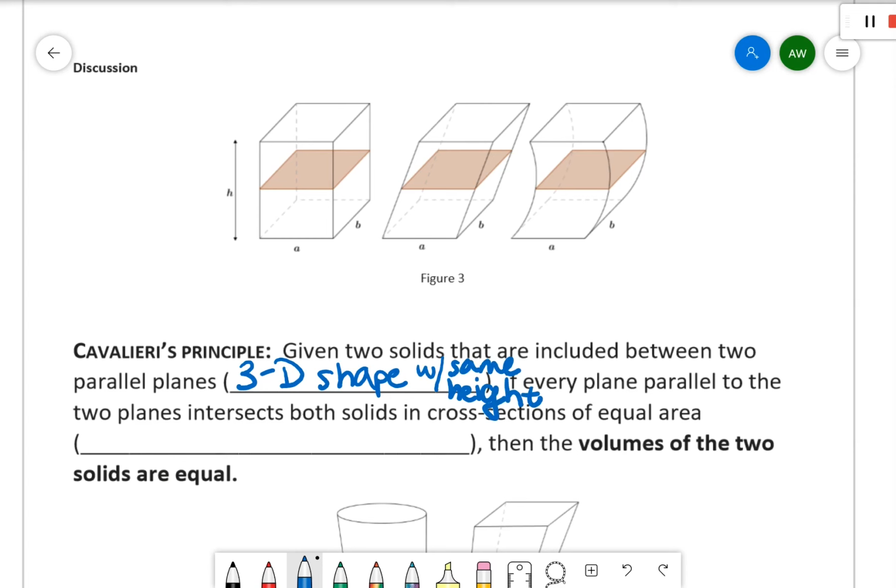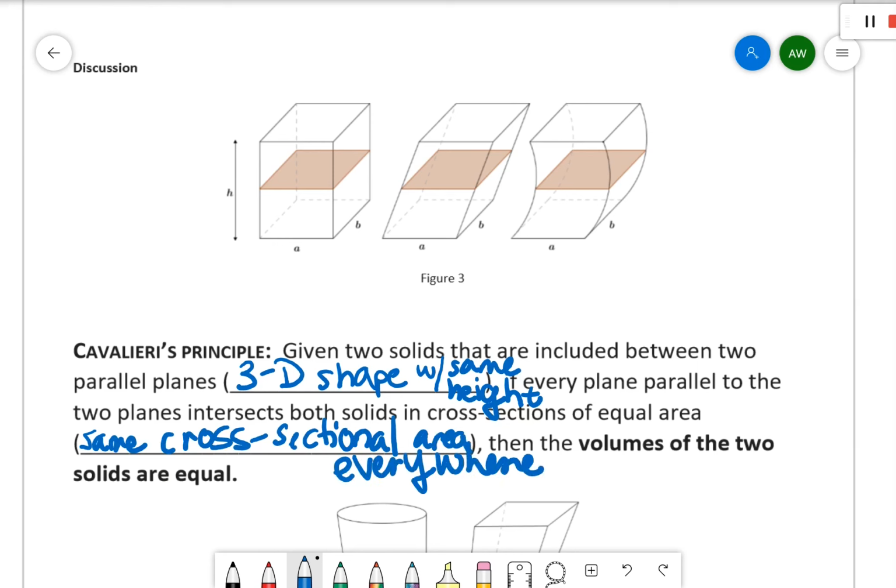If I have two 3D shapes that have the same height, if every plane parallel to two planes intersects both solids in cross sections of equal area, so if we have the same cross-sectional area everywhere, this is very similar to the same width everywhere when we were talking about area, right? So if we have the same cross-sectional area everywhere, then the volumes of the two solids are equal. So if I have the same height and the same cross-sectional areas, then the two volumes are also the same.